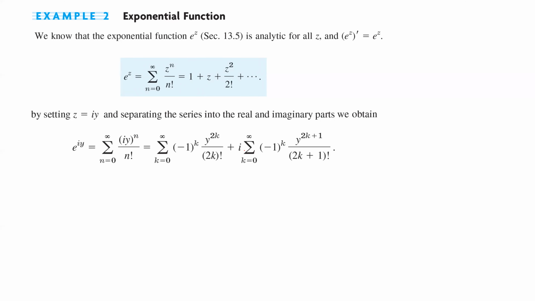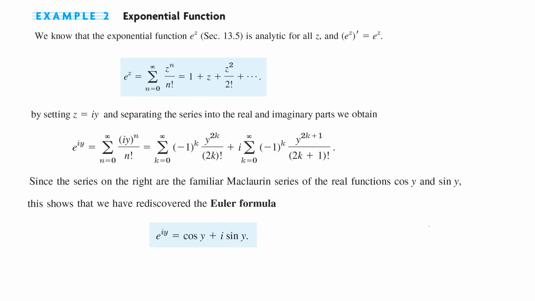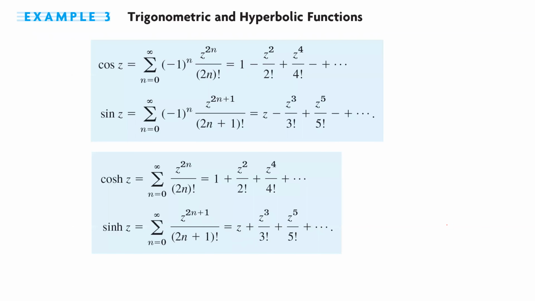Odd powers all bring an i, and even powers bring (-1) to the power k. And you see that this is the series for sine of y, and this is the series for cosine of y. So e to the iy becomes cosine of y plus i sine y. We talked about this before, but I had to assume that the Taylor expansion is the same, which, in fact, it is.